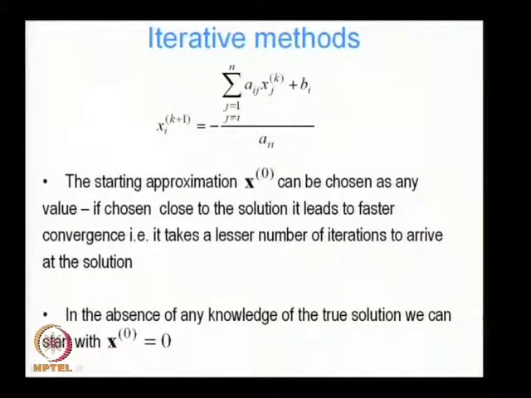This is the sum of a_ij x_j, so it is basically (L plus U) times x_j, except for the diagonal term, right. The diagonal term is not there, plus b_i by a_ii. So, D inverse b comes from this b_i by a_ii, where a_ii is the diagonal term.